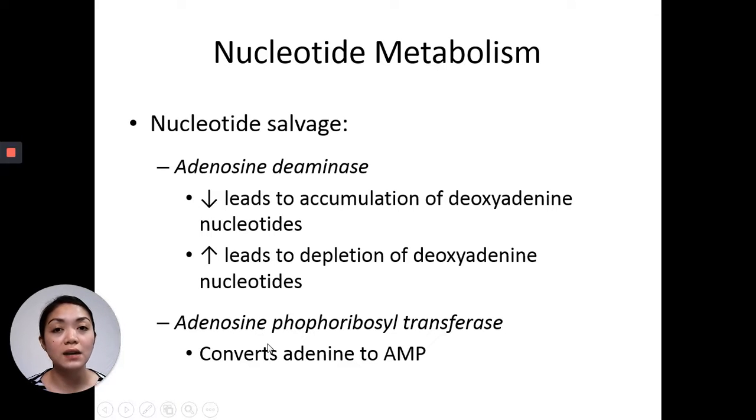And adenosine phosphoribosyl transferase naman converts our adenine to the first form of our nucleotide, which is adenine monophosphate. And if you remember, sa atong mga nucleotides needed by our nucleic acids, we also have cytidine monophosphate, guanosine monophosphate, and thymidine monophosphate. So for our young red blood cells, we use the adenine nitrogenous base.